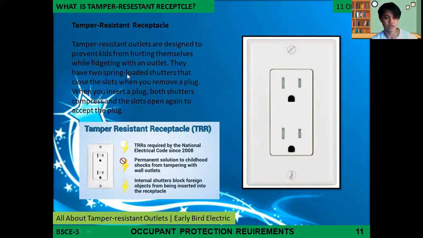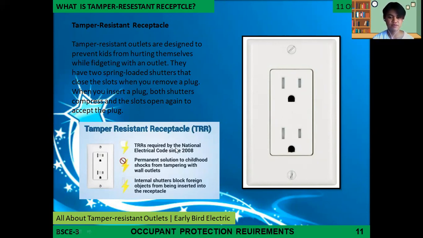They have two spring-loaded shutters that close the slots when you remove a plug. When you insert a plug, both shutters compress and the slots open again to accept the plug. This is an example of tamper-resistant receptacles or the TRR.